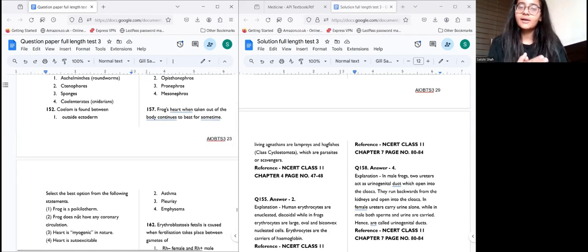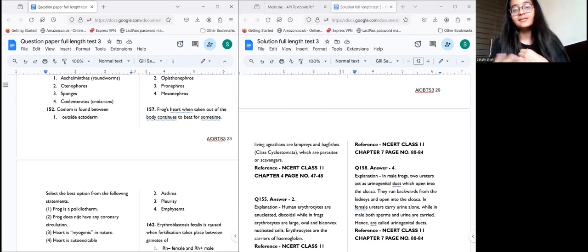Because when the heart of the frog is taken out of the body, it is myogenic. Myogenic meaning, myo meaning muscle, genic meaning to generate something. So when the heart of the frog is taken out of its body, if the muscles receive a continuous supply of ATP and continuous blood supply, they are active and auto-excitable.